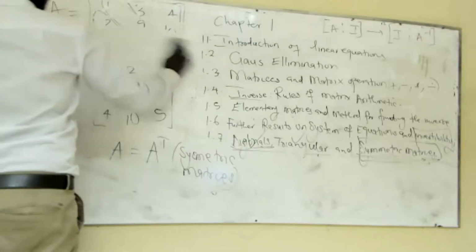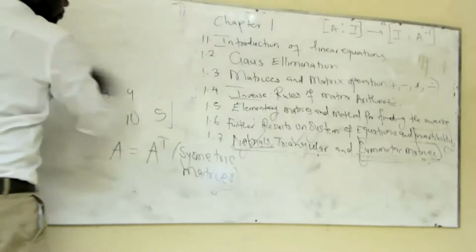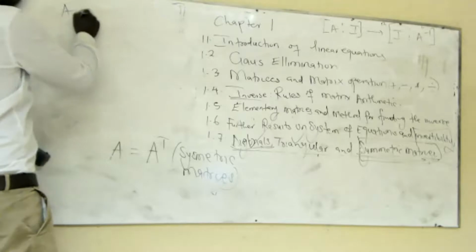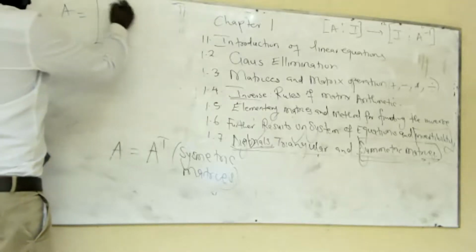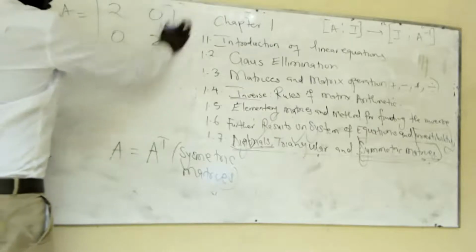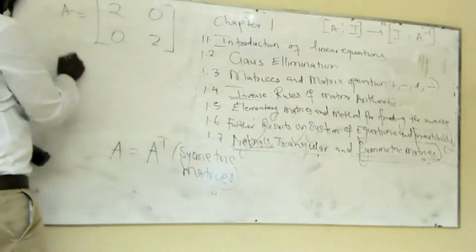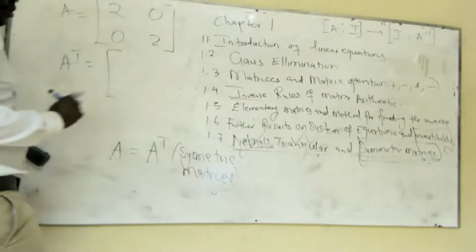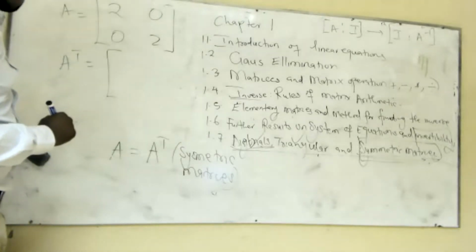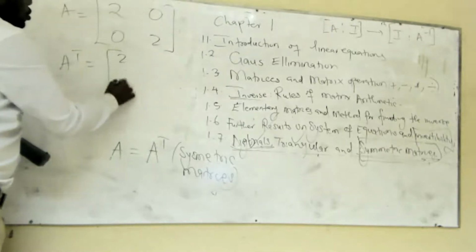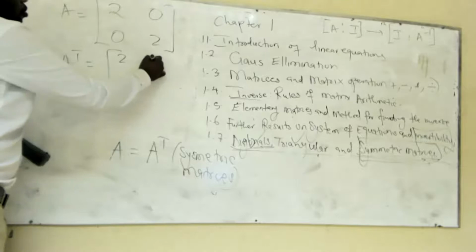Let me give you an example of a symmetric matrix. Let's say we have A equal to 2, 0, 0, 2. Let's find the transpose of this matrix. What is transpose A? It's going to be 2, 0, and then 0, 2.